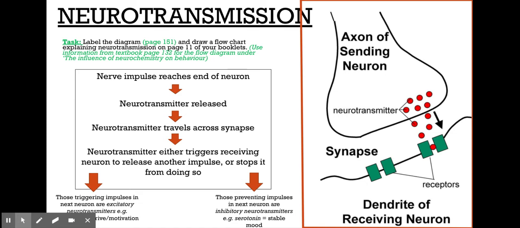So we talk about these triggering impulses being either excitatory or inhibitory. The excitatory neurotransmitters, which trigger impulses, are, for example, adrenaline and dopamine, and those preventing impulses in the next neuron would be the inhibitory neurotransmitters, for example, serotonin, which should calm that next neuron down.